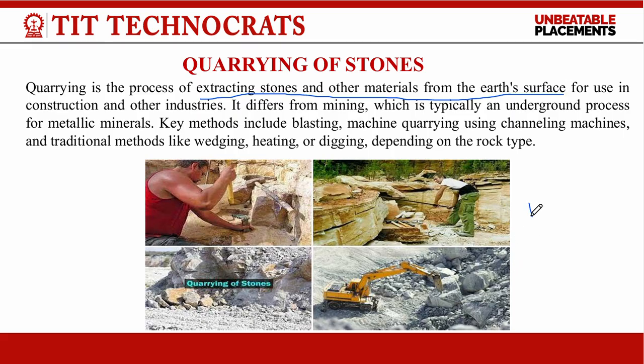Here you can see in this image the process of quarrying going on. Quarrying means separating rough blocks of stone from the rock formation by different processes like blasting, machine quarrying using a channeling machine, and traditional methods like wedging, heating, and digging, depending on the type of rock.